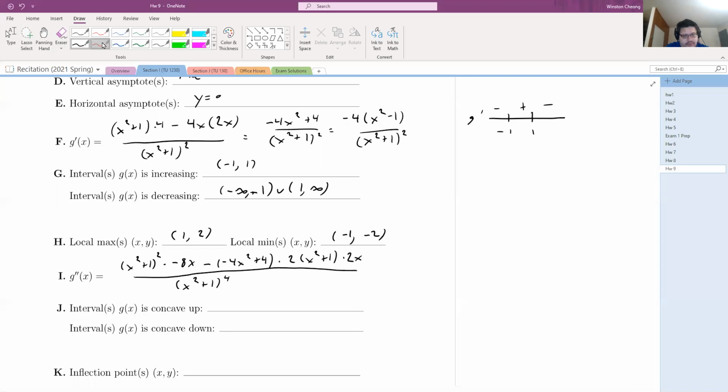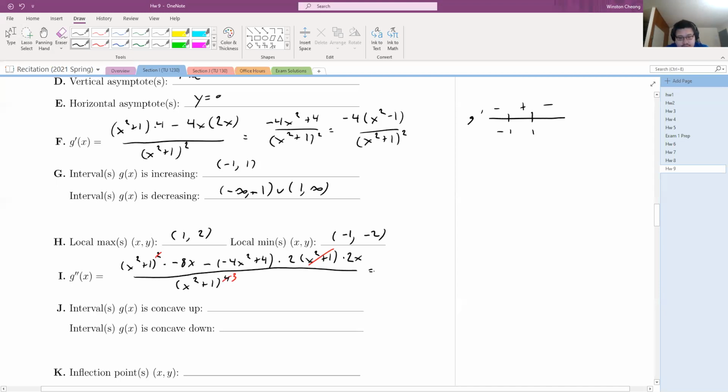Okay, like before, there's a cancellation, so I can get rid of one copy from everywhere. That's helpful. But I think I have x cubes. Great. So minus 8x cubed, and 2 times 4, plus 16x cubed.